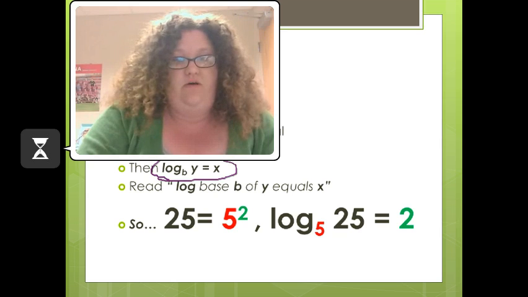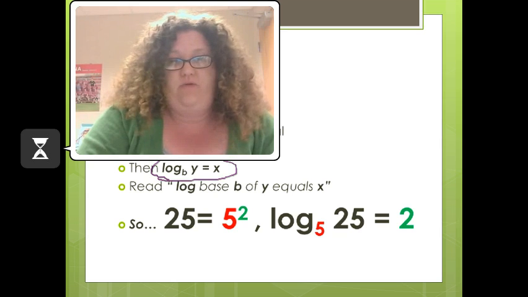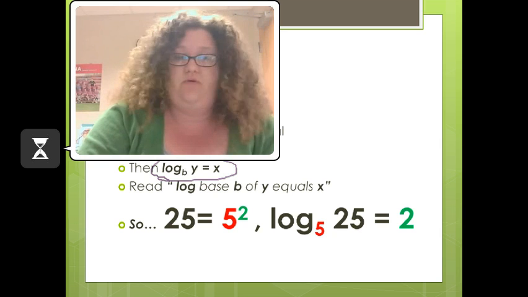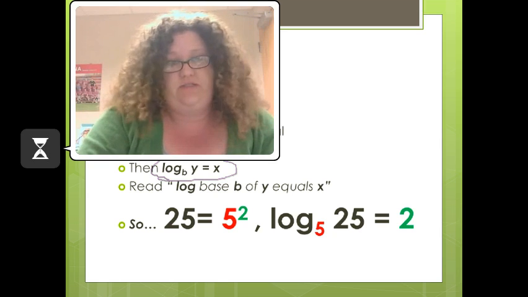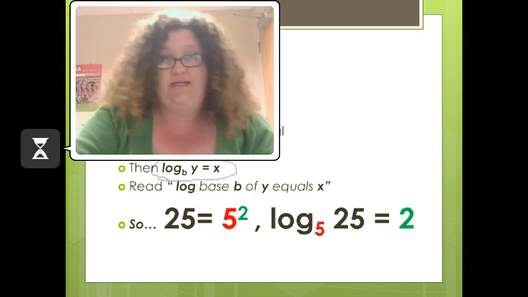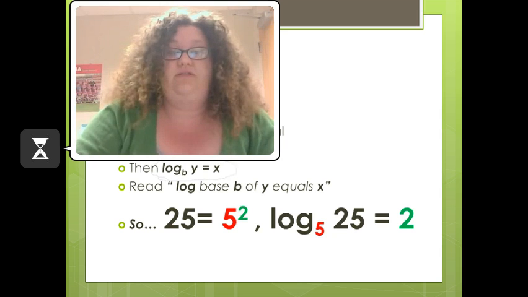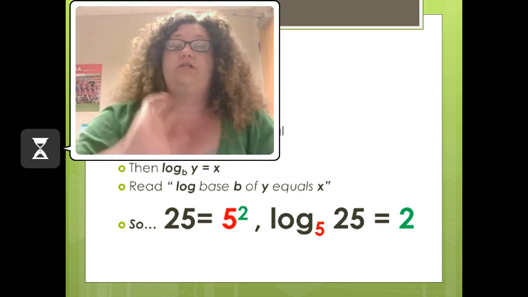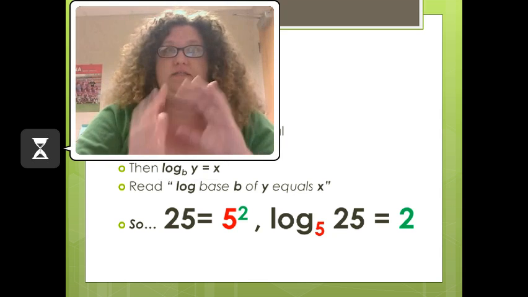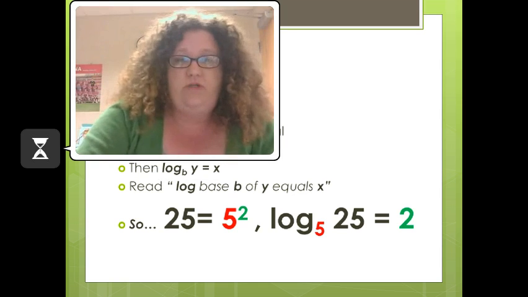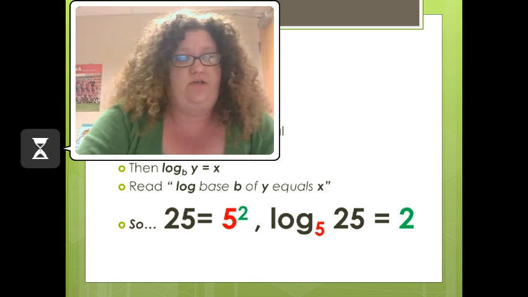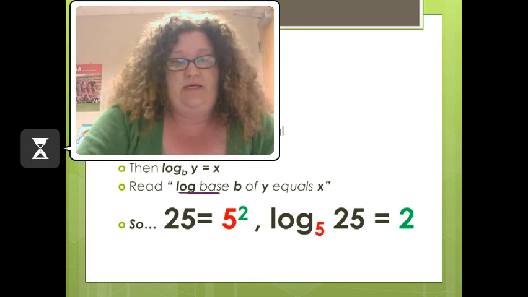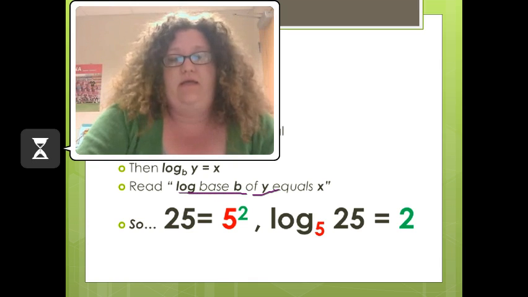You'll see y is still in both equations, b is in both equations, and x is in both equations, and they have relative places too. So even though the logarithm is the inverse of that original exponential equation, they're still in similar places. You read this out loud as log base b of y equals x.